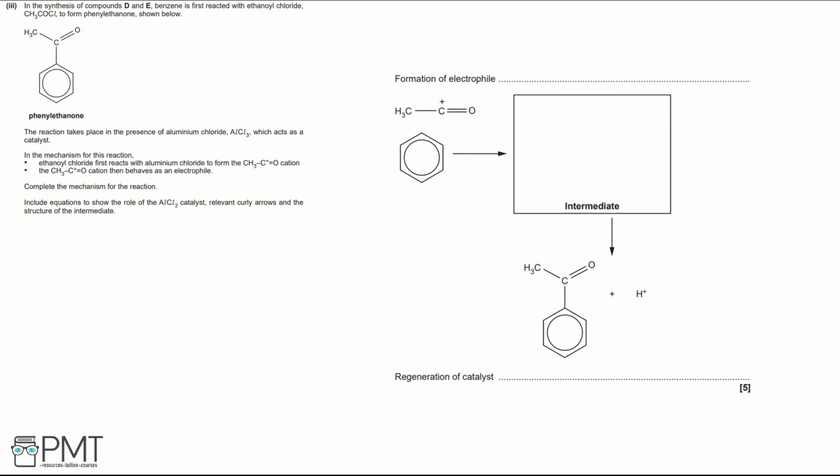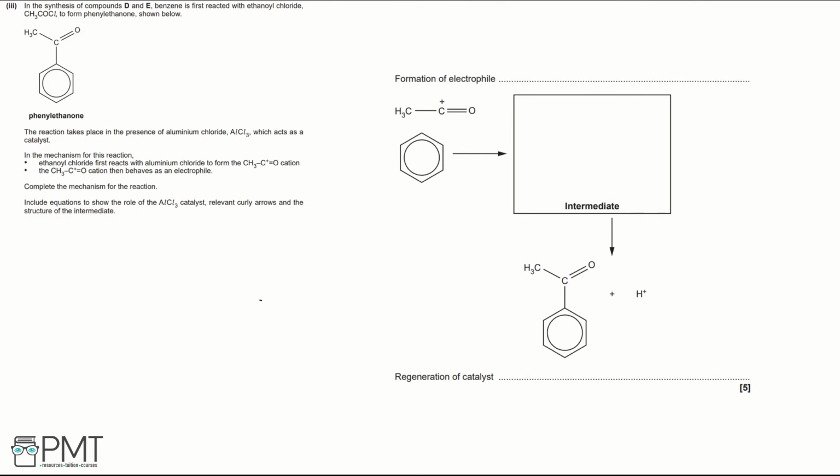In the mechanism for this reaction, ethanoyl chloride first reacts with aluminium chloride to form the CH3C plus double bond O cation. The CH3C plus double bond O cation behaves as an electrophile. Complete the mechanism for the reaction. Include equations to show the role of the AlCl3 catalyst, relevant curly arrows, and the structure of the intermediate.